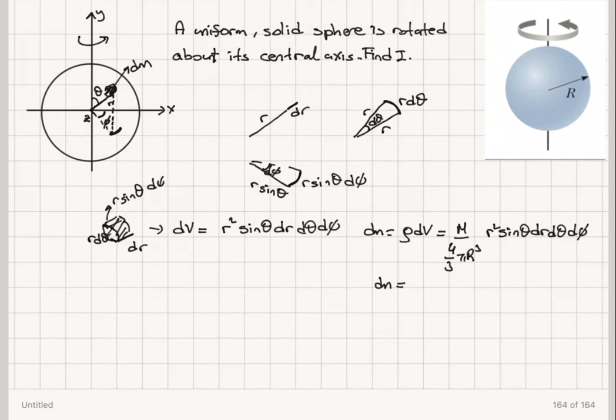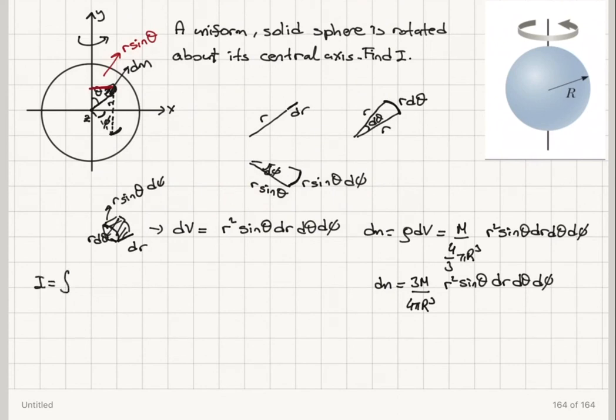So the mass of this element is 3M over 4 pi R cubed times r squared sine theta dr d theta d phi. And what is the distance between this mass element and the rotation axis? That would be this distance here. What is that distance? That distance is r sine theta.